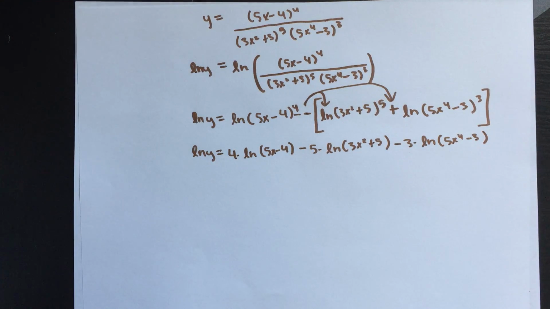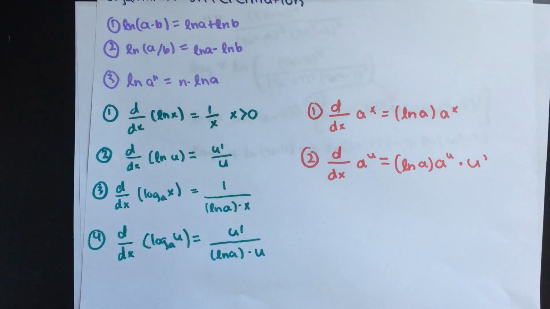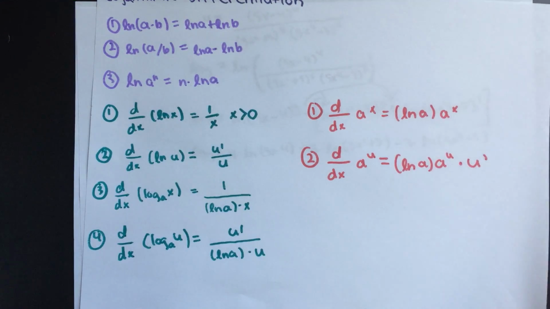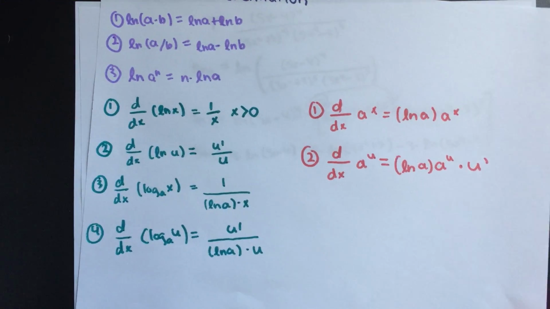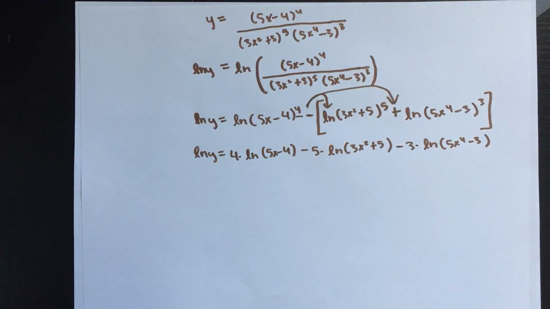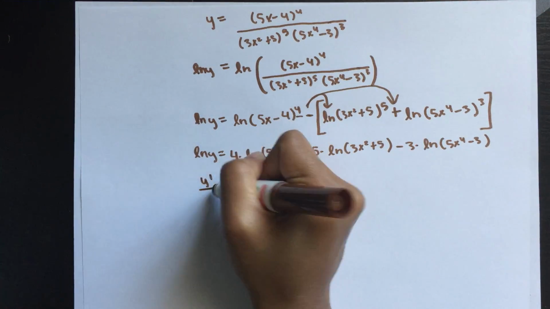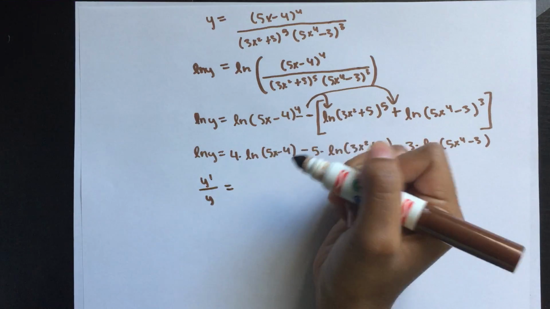So now I've simplified it as best as I can with the log rules, so I'm going to go ahead and differentiate. So using this rule right here, we know that the derivative of a natural log of u is u's derivative over u. So we can apply that same rule here. So the derivative of the natural log of y is y prime over y.